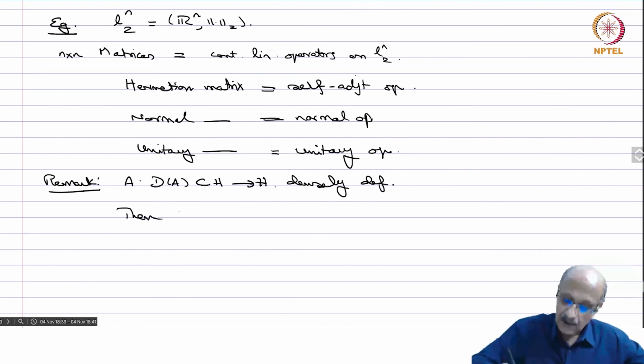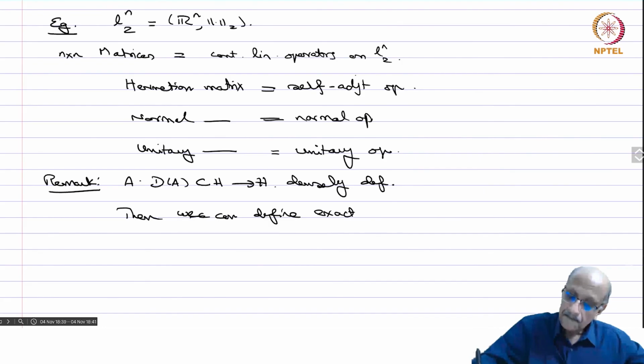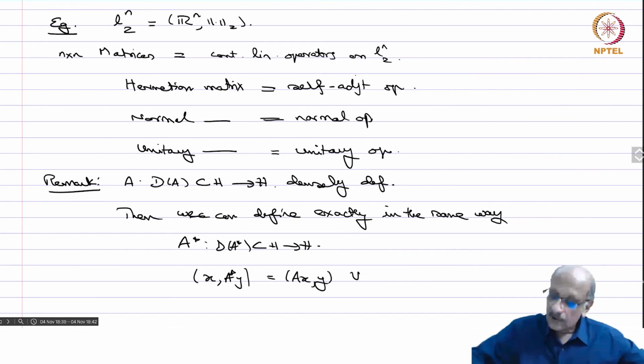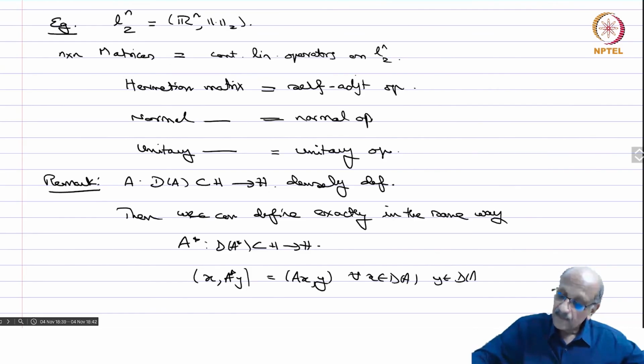Then we can define exactly in the same way A star from D(A star) contained in H going into H. And again you have x, A star y equals Ax, y for all x in D(A) and y in D(A star).